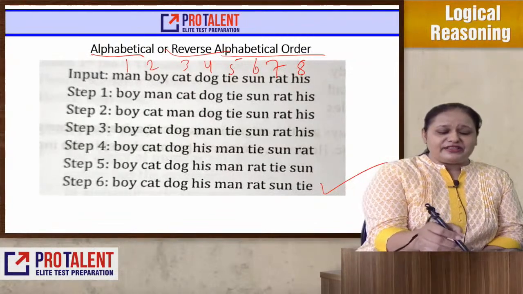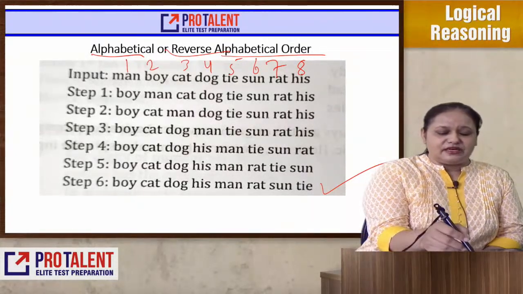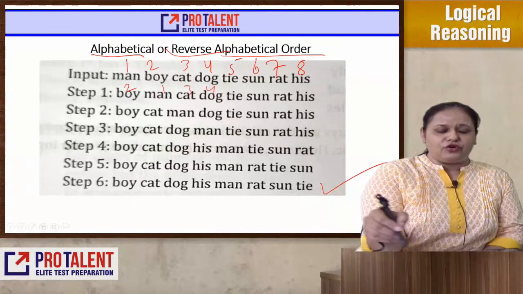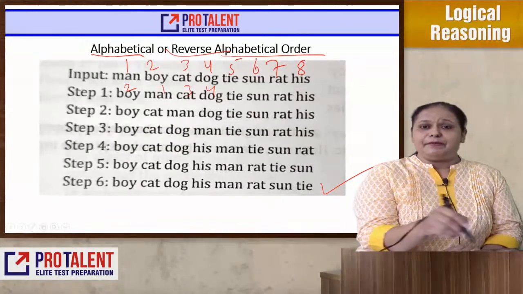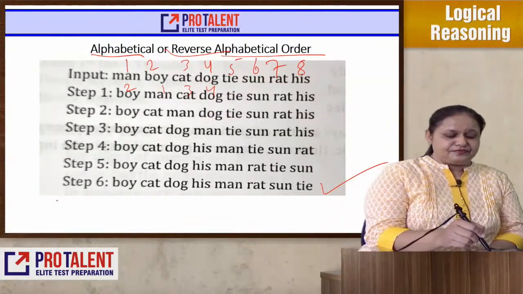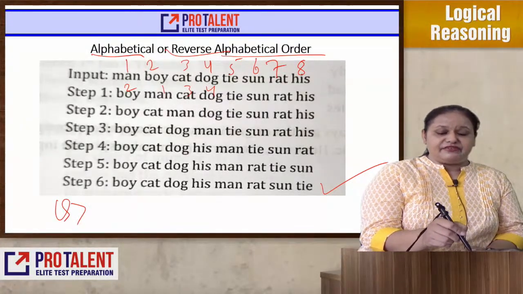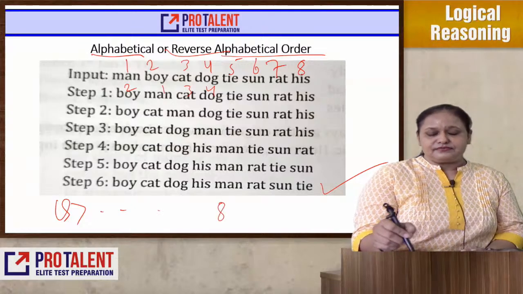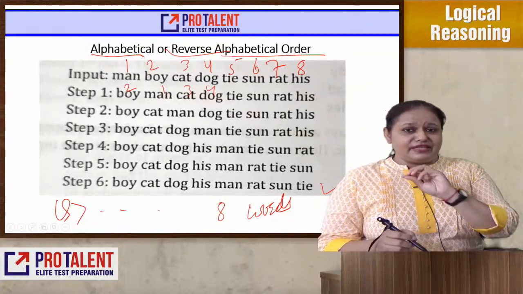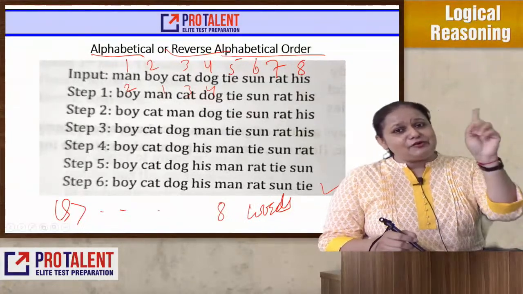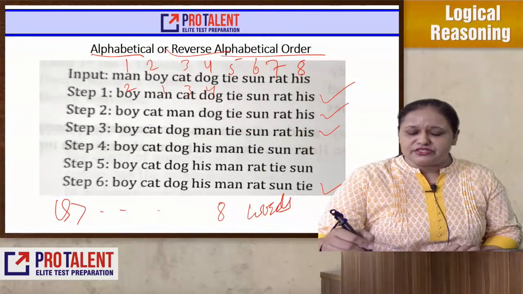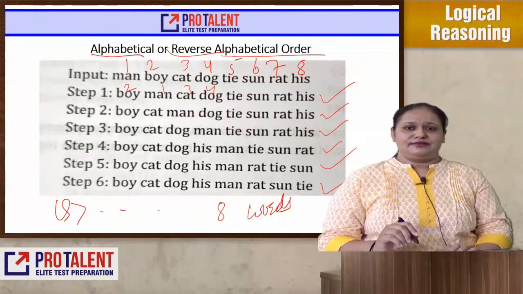And after that, okay, boy is here. So 2, 1, 3, 4. Like this, they would be making a pattern. So if there is a question in which there were 8 words, irrespective of the alphabetical order, again they would be putting 1, 2, 3, 4, 5, 6, 7, 8, and as per the sequence of numbers, they would try to arrange.